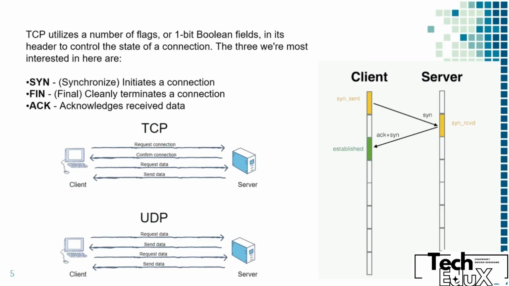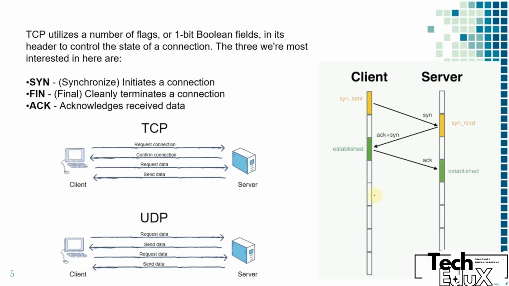So how does TCP work basically? Before I go into the sequence numbers and these things, just look at this. We have a client over here and then we have a server. Let's suppose the client wants to access www.google.com.